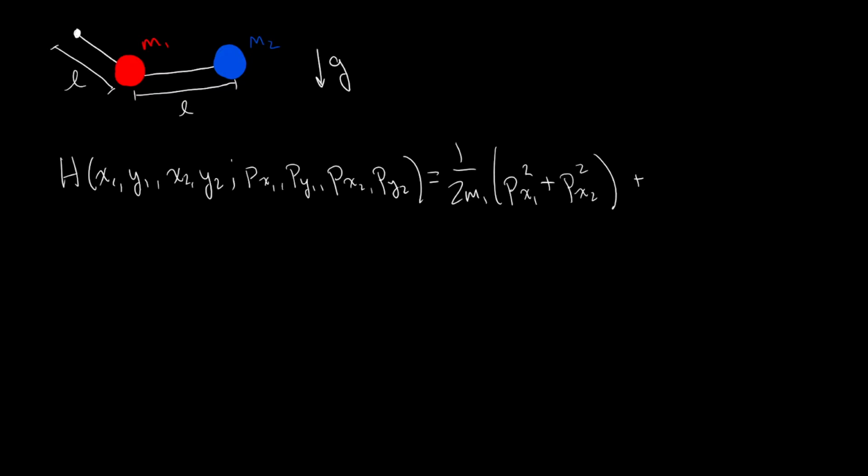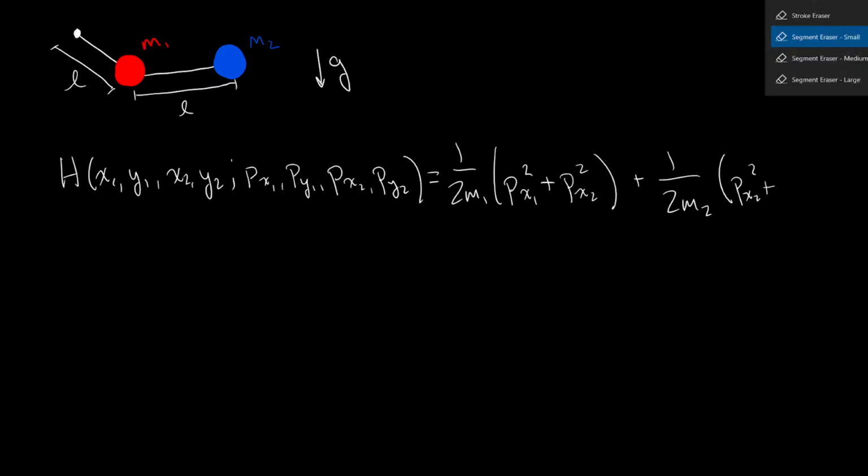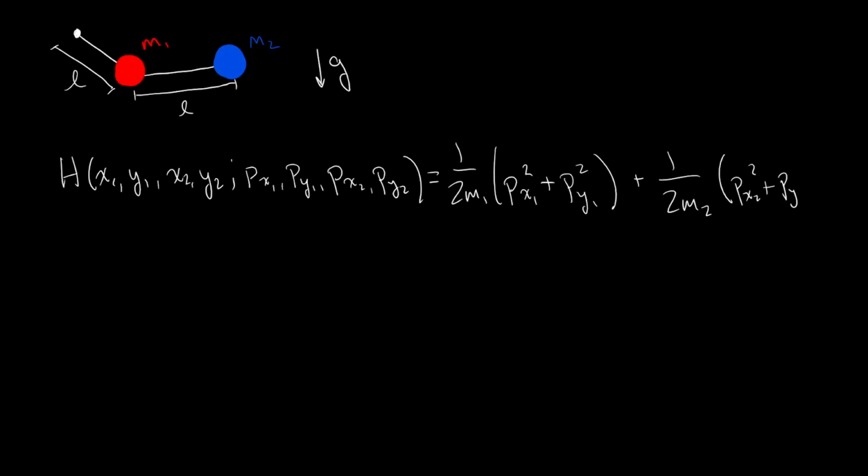And I know it's kind of dumb to write this in Cartesian coordinates, but I just want to do this to illustrate a point. And then I need the potential energy, which is just m1 g y1, so the height of this thing, plus m2 g y2, the height of the second one.